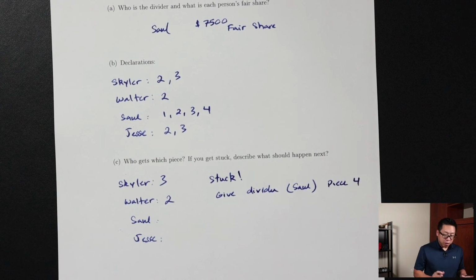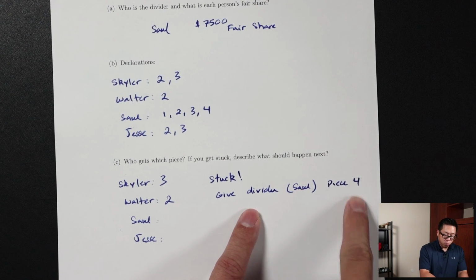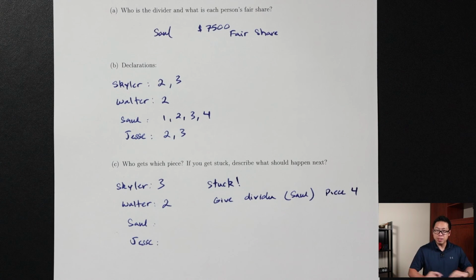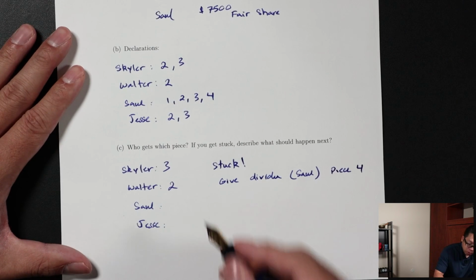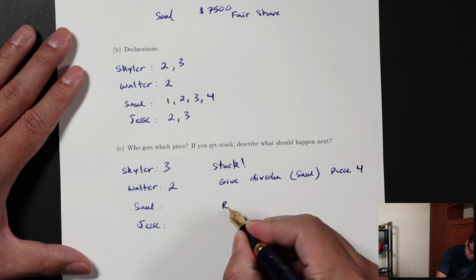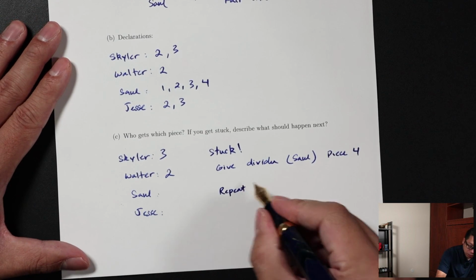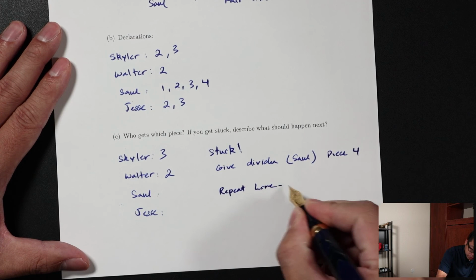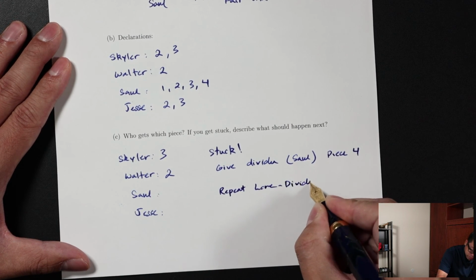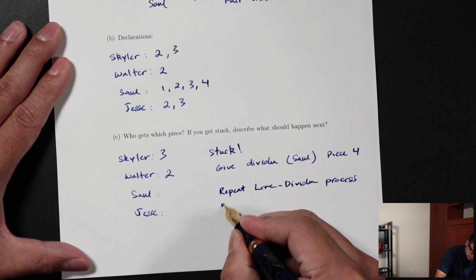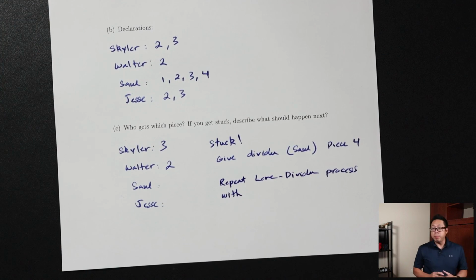Okay, so now the divider goes away because we gave Sol 4, which is one of the pieces on his list. He's done, he's happy, he's gone. And now you're going to repeat the process. The process, I mean the lone divider method, with the people who are left.